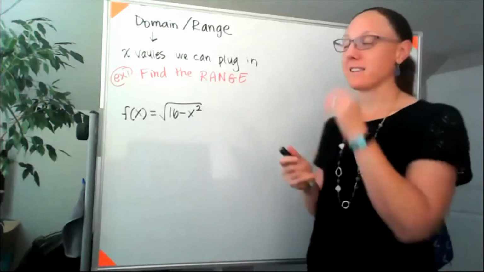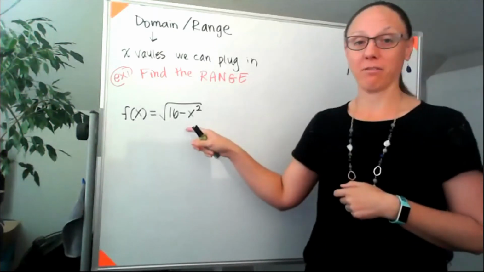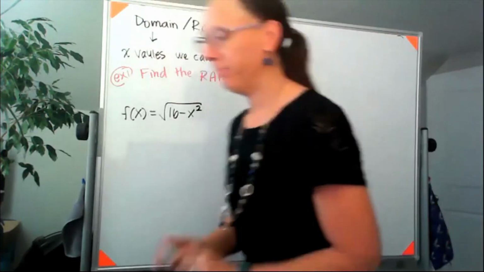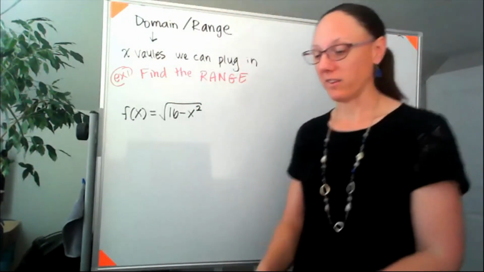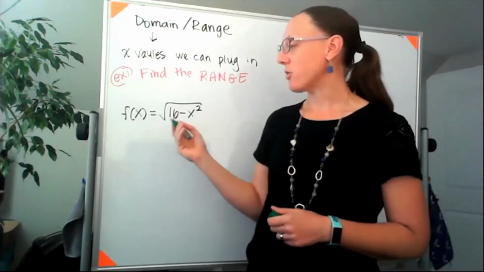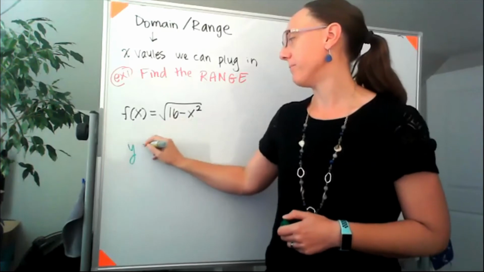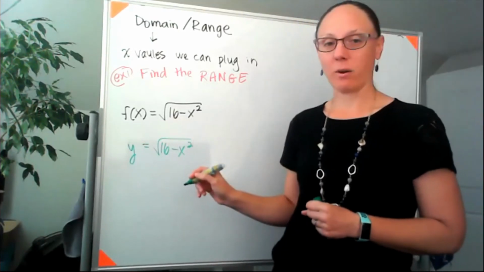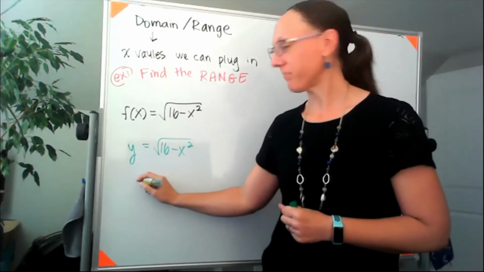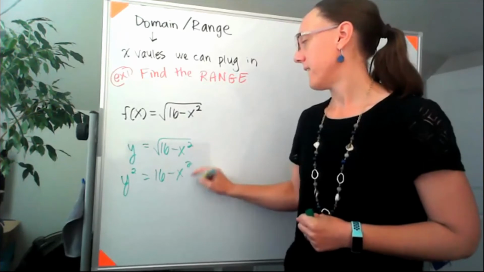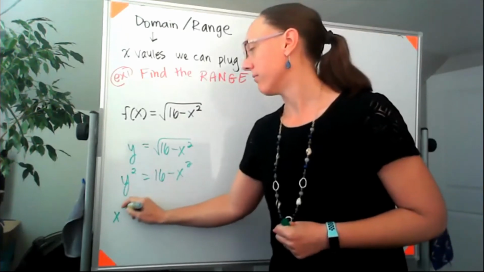So thinking about this, I'm going to go for graphing it because I happen to know what this looks like. And to help you see what it looks like if you don't immediately see what the shape is, I'm going to change my f of x to a y so that I can square both sides, and then add the x squared over.